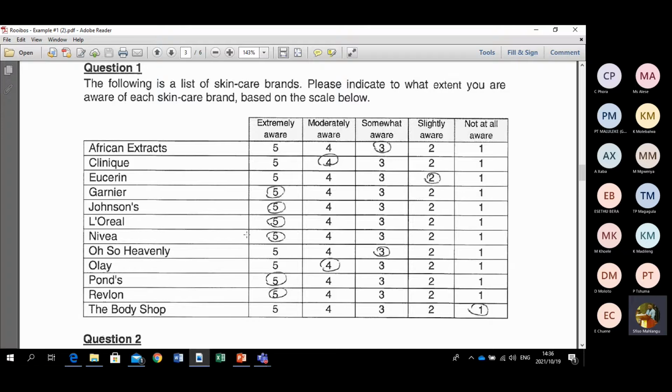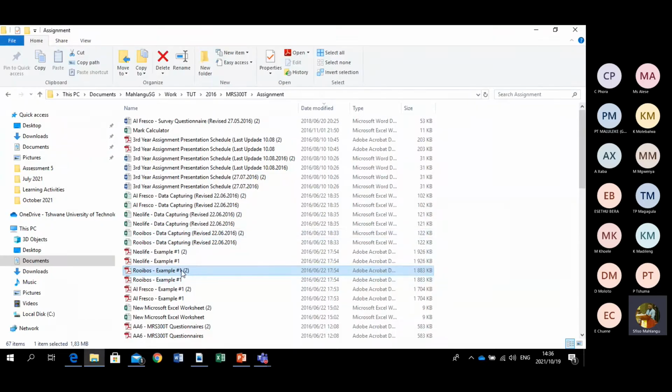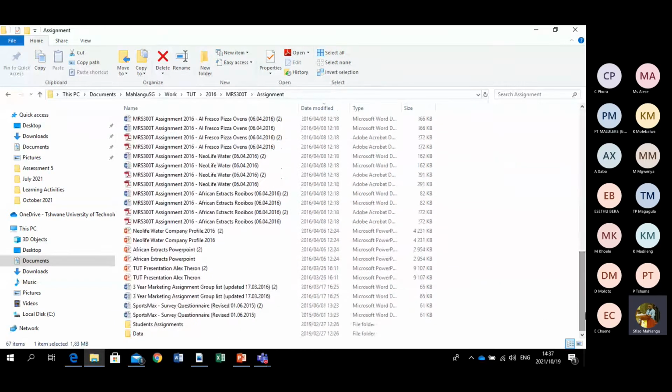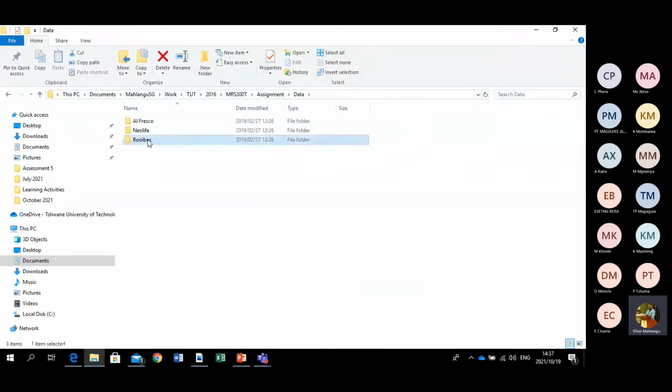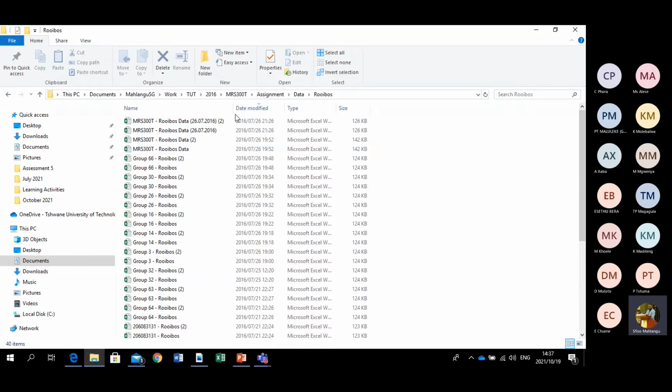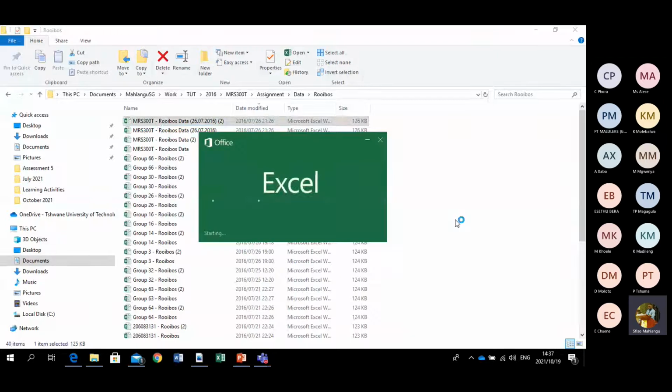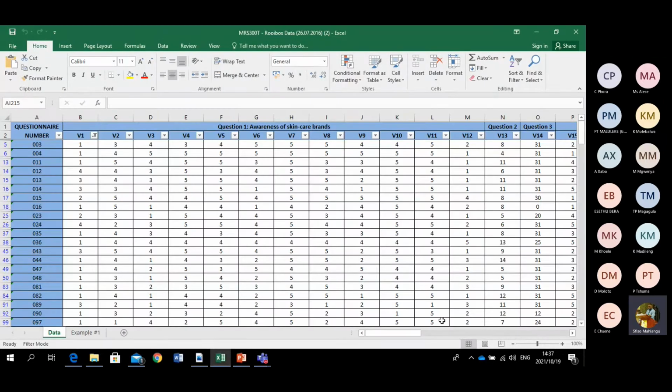Once they completed this, we need to capture it into Microsoft Excel. To illustrate once again, this was Rooibos. If we open the data set for Rooibos, once it was captured, we had something similar to this.